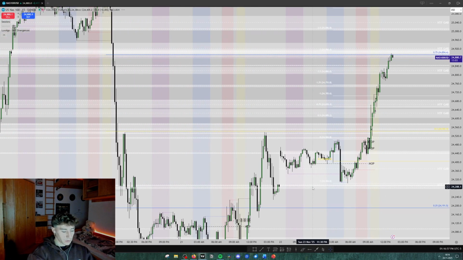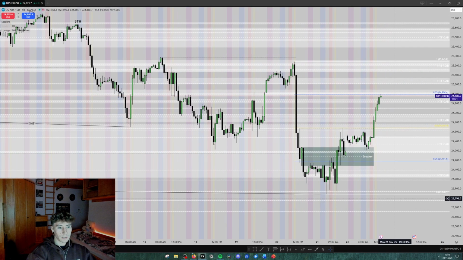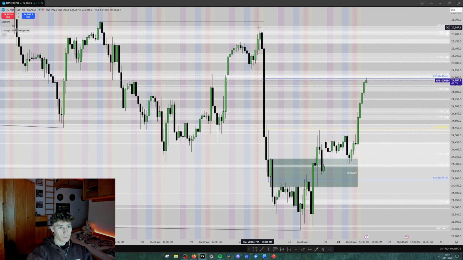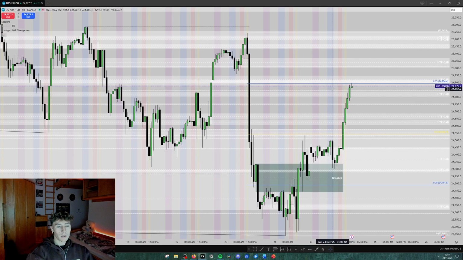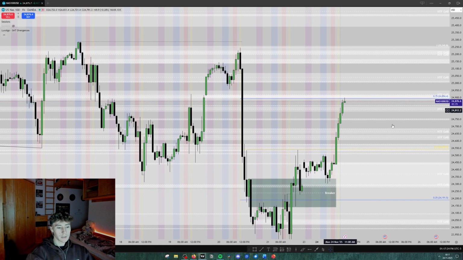Before I drop lower to the 1 minute chart, I want to show you basically the price range I took from the high right here to the low. And right here we have consequent encroachment, and we have the upper quadrant, which we basically reached right now. Why? Because for a market maker buy model, we want to target external liquidity, but the upper quadrant of the price range is always an important target.